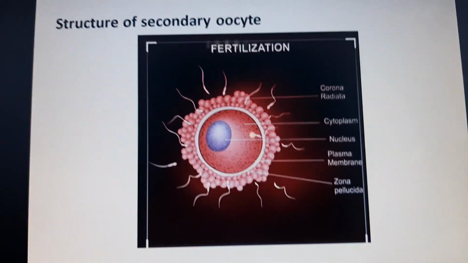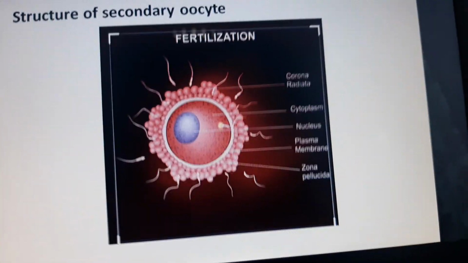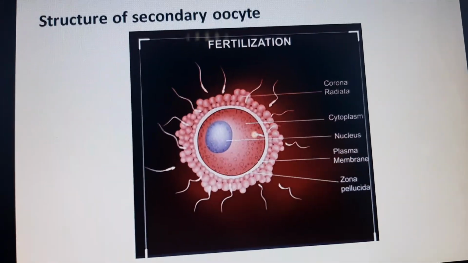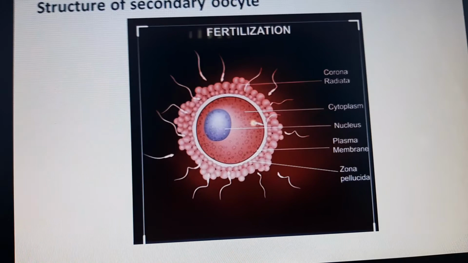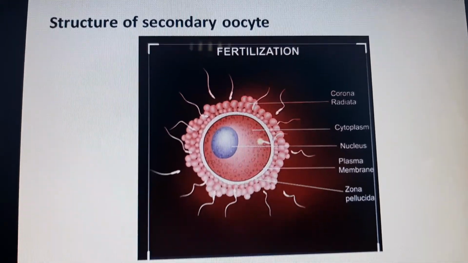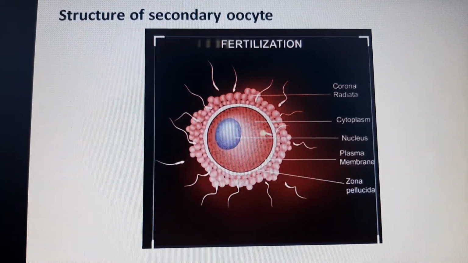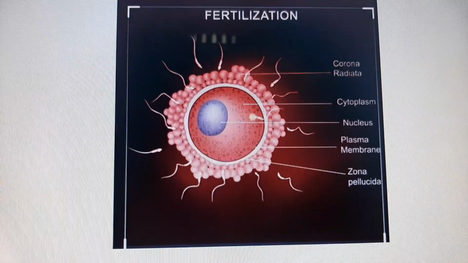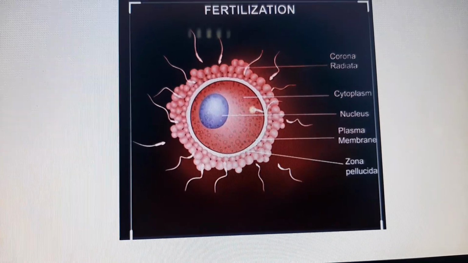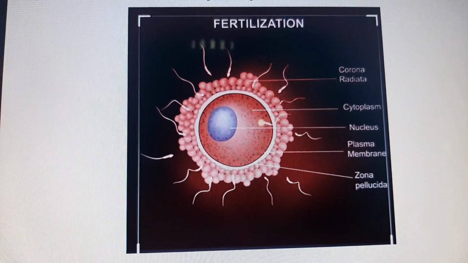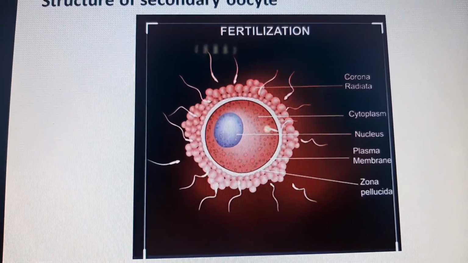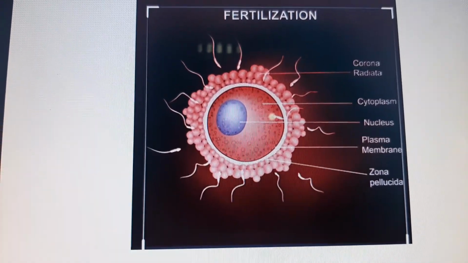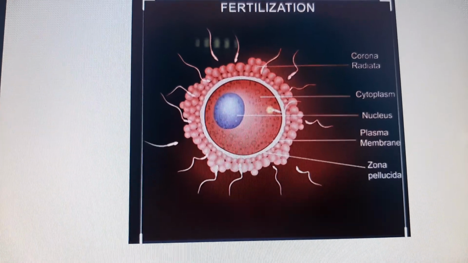Before going to the process of fertilization, we need to know the structure of the secondary oocyte. Otherwise we will not be able to understand how the sperm penetrates. Here we can see the outermost layer of the secondary oocyte. The granulosa cells appear as radiating rays, and this outermost layer is known as corona radiata.